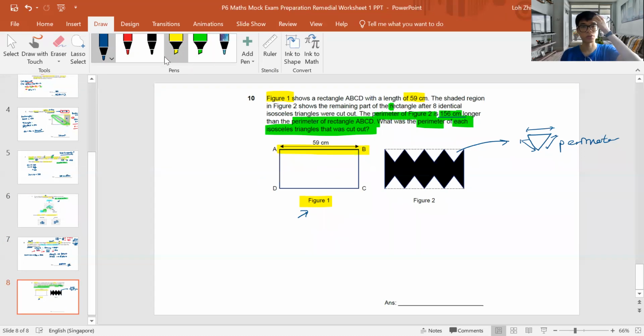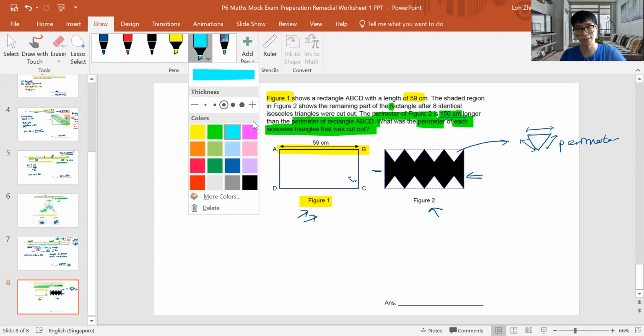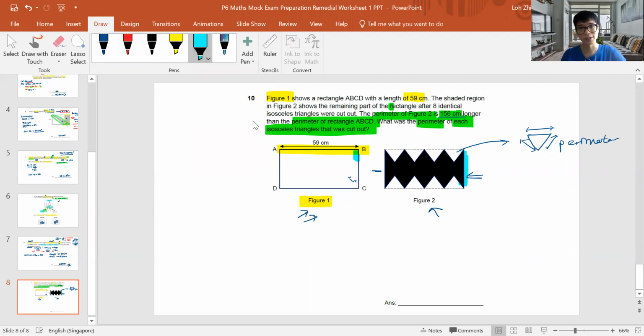So this is figure 2, this is figure 1, right? Now, if I take figure 2 and minus figure 1, the perimeter here, I know for sure that this part and this part are the same, so when you minus, it will go away.